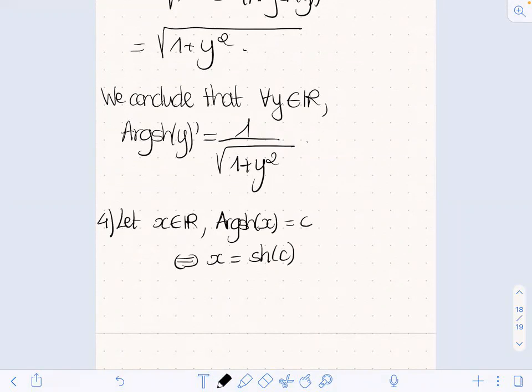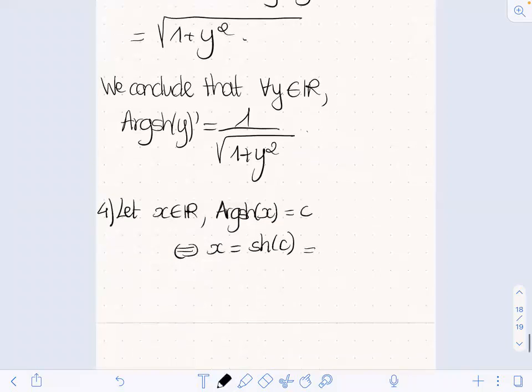arg sh of x is equal to some value c, that's equivalent to x being equal to sh of c. And what's sh of c equal to? You've got an exponential expression for sh that's explicit.